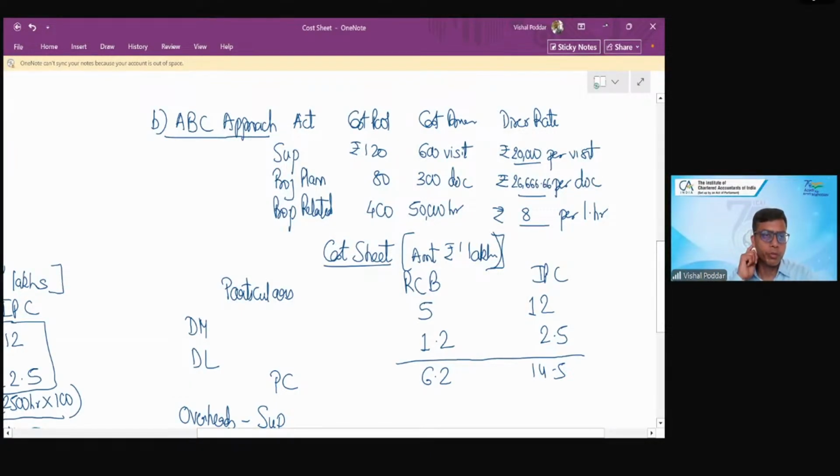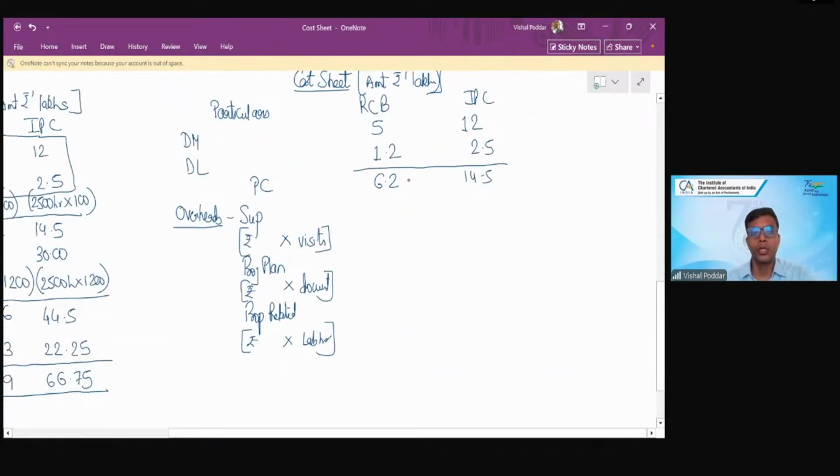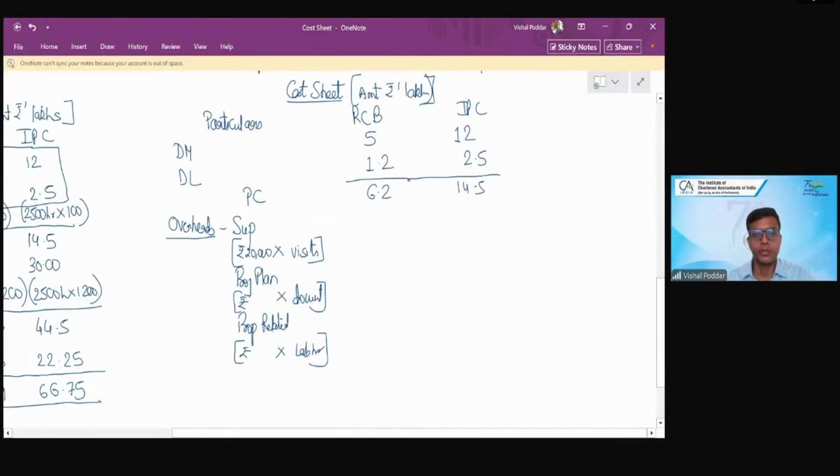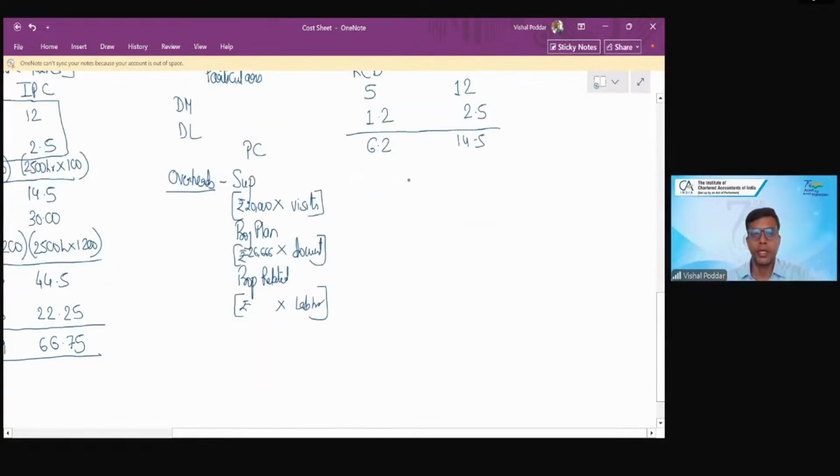And then Shefy has given me 24,000 for documents. 24,000 because here it is, but you have multiplied, you have to divide. So this is 800, correct. Right? Now we use these rates to charge: here 20,000, here 26,666.66, and here 800.